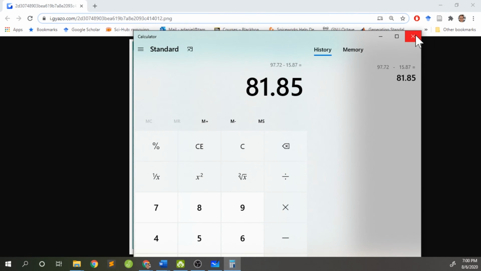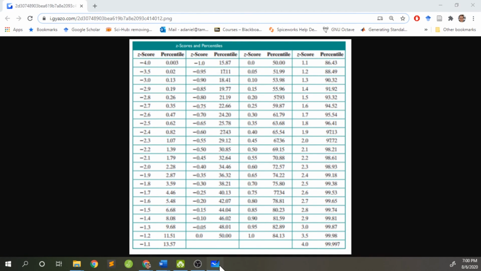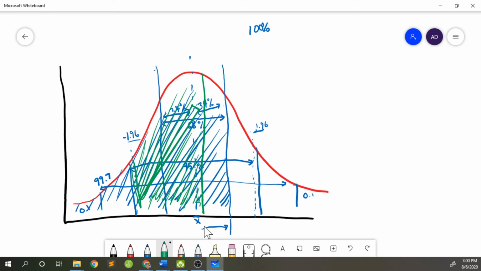Right? So basically, any information we want to know, if we know the Z-score, we can convert each Z-score into percentages, and we can convert percentile scores back into Z-scores if we wanted to. Okay. Now this is what allows us to estimate.